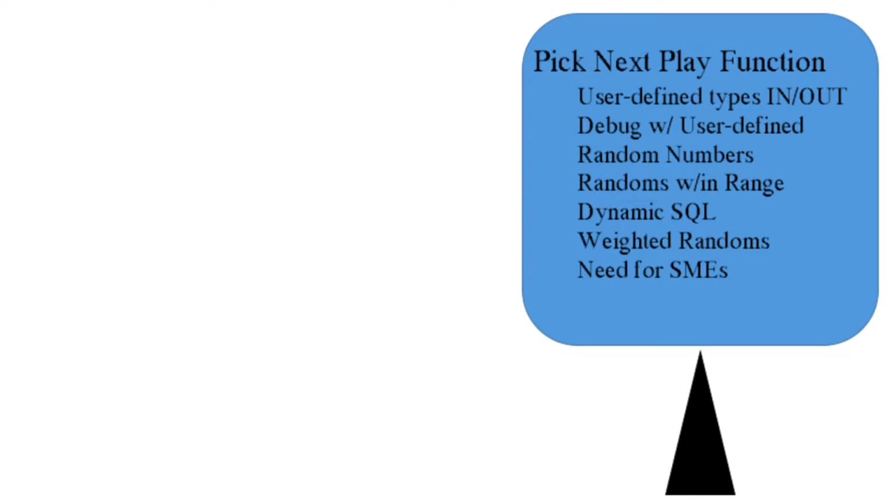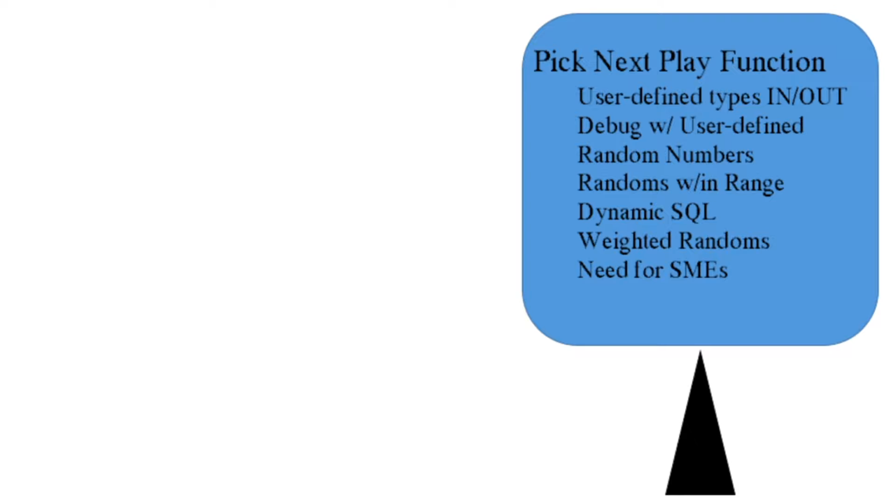As you'll recall, in Lecture 12 we took a look at our pick next play function. This function accepted a complex record structure representing the current play condition and based on that information made a decision as to the next best possible play to run. All in good fun, but still had some very important lessons for us to learn.